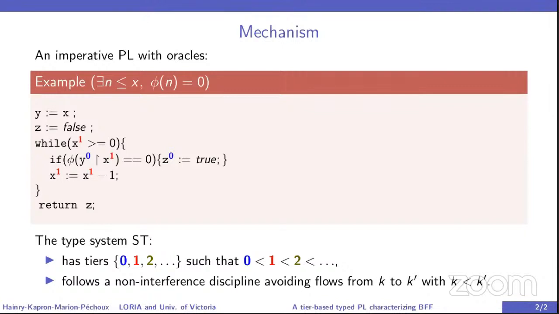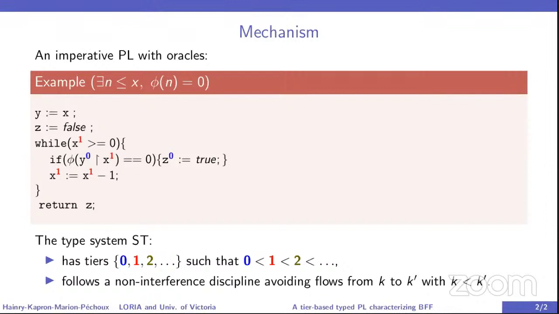You can see that there are some blue and red numbers. Those are tiers. The tiers allow us to stratify variables and expressions. In this example there are only 2 tiers, but in our result we have k tiers, so constant numbers that can be as big as you want.